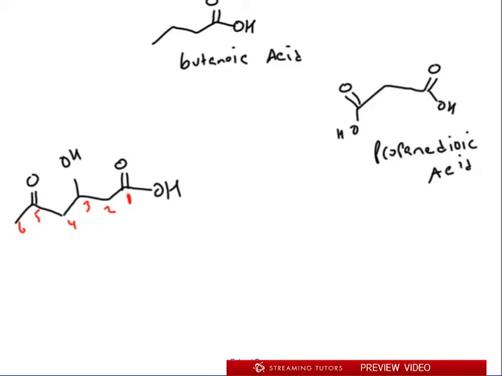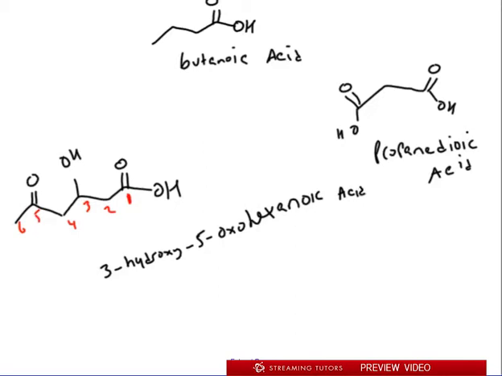So we have a hydroxy and an oxo. H before O, so 3-hydroxy-5-oxo, and finally this is a 6 carbon straight chain. So hexane, remove the E, oic acid.